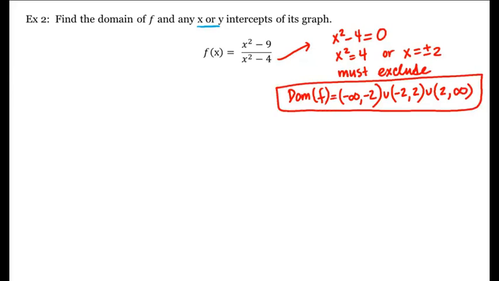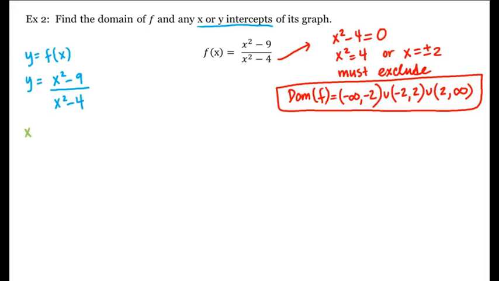And now, to find the intercepts, again, we'll let y equal f of x. In other words, we have y is equal to x squared minus 9 divided by x squared minus 4.